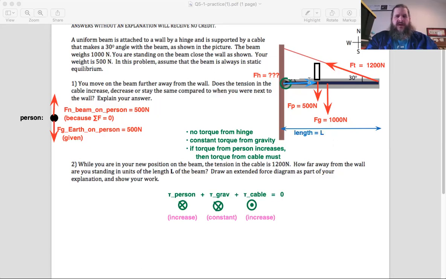And you're standing at some unknown distance, let's say capital R, from the pivot point. We want to figure out how that R relates to the total length of the beam L. So our answer here should be something like R equals some fraction of L, and we want to figure out exactly what fraction of L. Any questions on that setup so far?